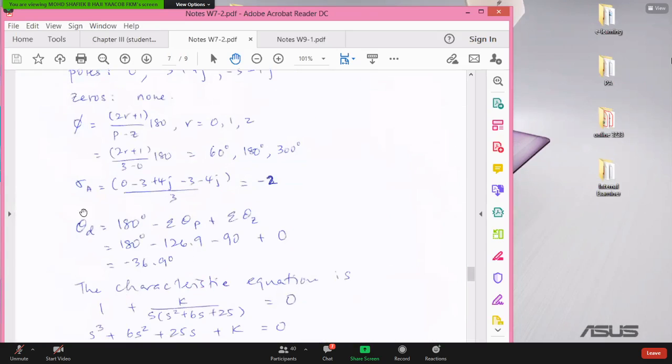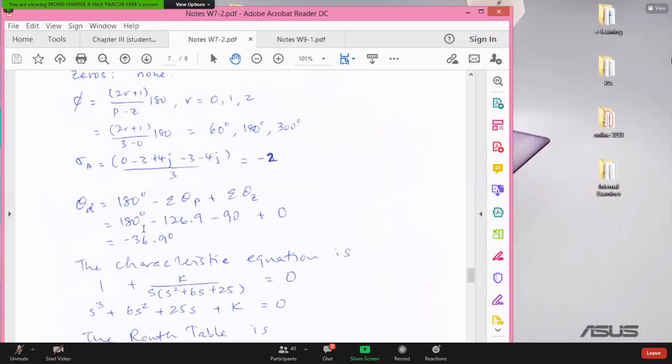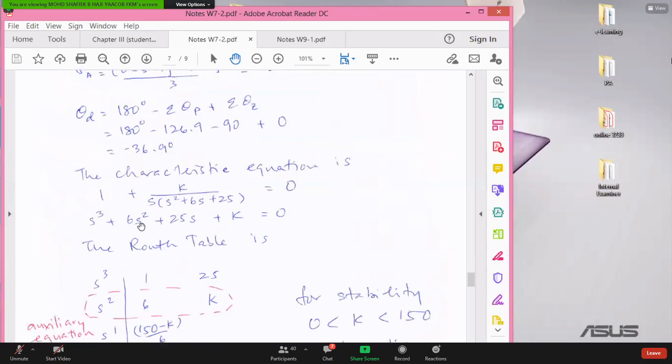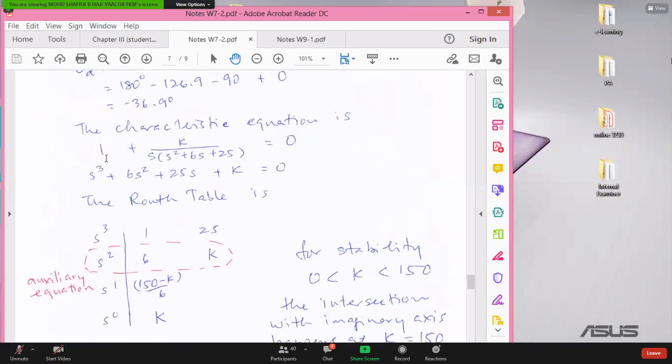Okay, so we are done with the departure angle, and then we need to find the intersection with the imaginary axis. We get the characteristic equation, which is just 1 plus the open loop transfer function equals 0. So this is the open loop transfer function, and then you can expand.